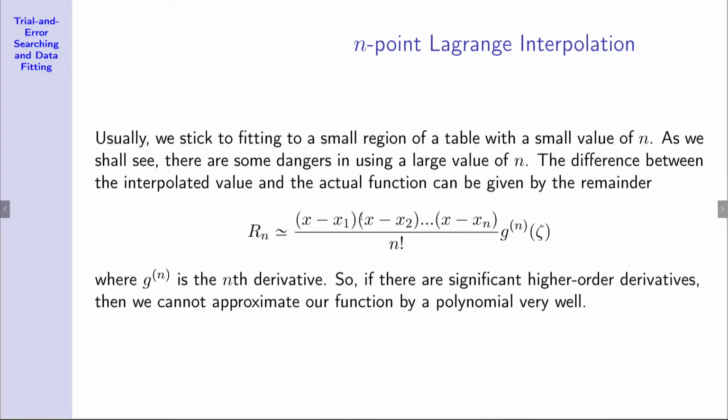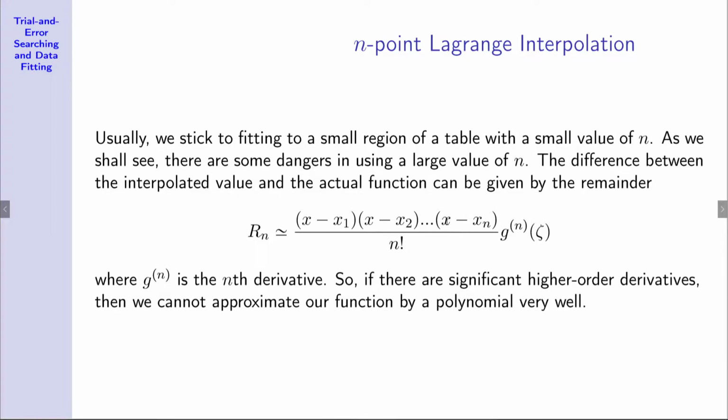One thing this can be useful for is if you are writing your own implementation and you're trying to figure out what error you might expect, depending on the specific behavior of your function. You can put in some test function that more or less follows what you expect the data to be, take these derivatives, and then estimate what you might want n to be in order to get a good result.